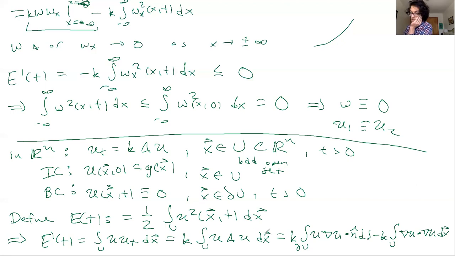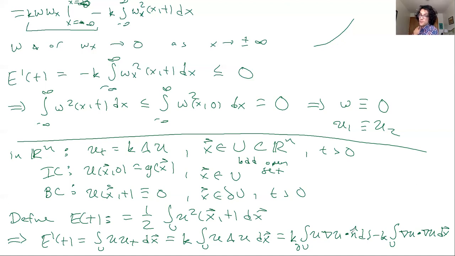And the divergence theorem basically allows us to convert this Laplacian volume integral into a normal derivative through the boundary here, the flux term.